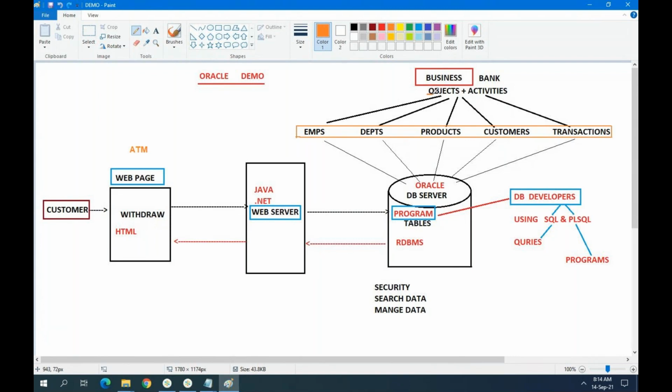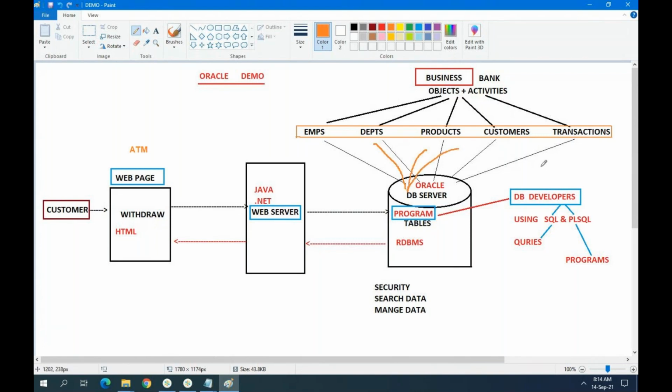Yesterday we discussed about this also. From each object or activity, the data will be generated. That data we are storing under the database server.